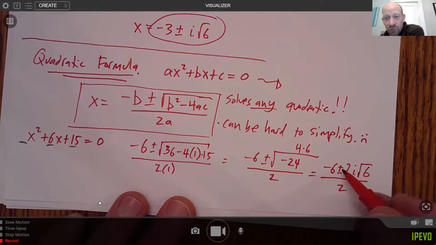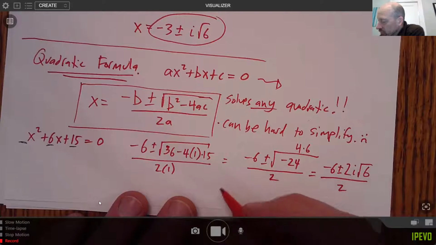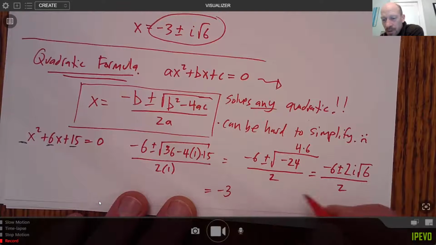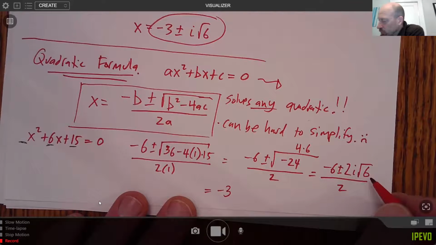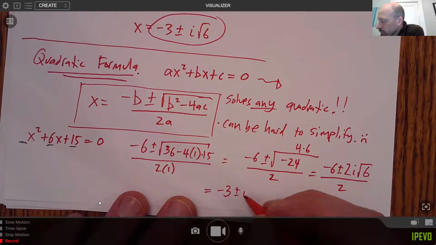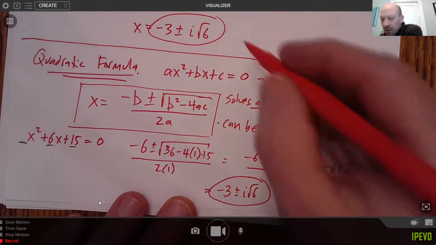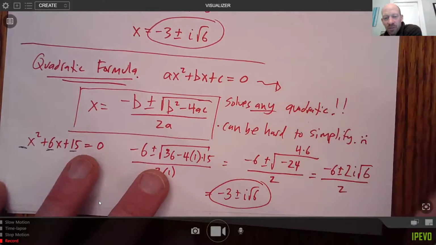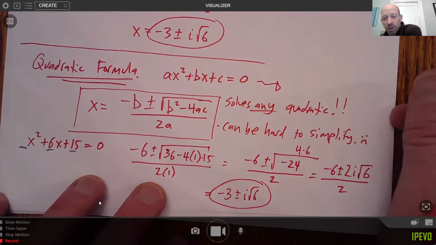You have to distribute that division. So the 2 goes into the minus 6, which gives me minus 3. And the 2 divides the 2i square root of 6, which gives me i square root of 6. And we see that's the same solution that we had before.